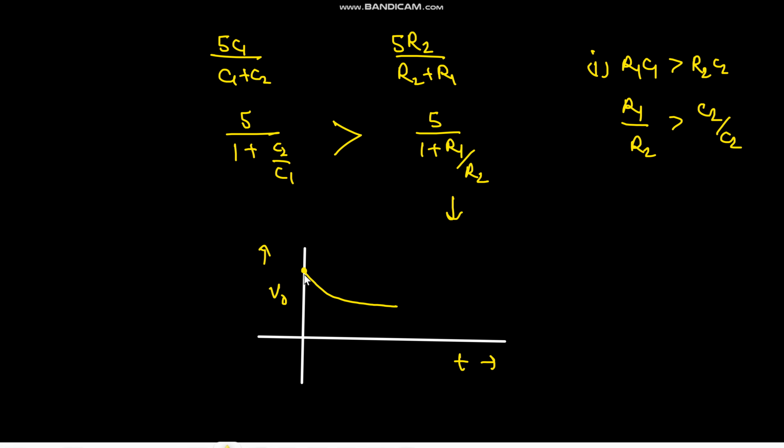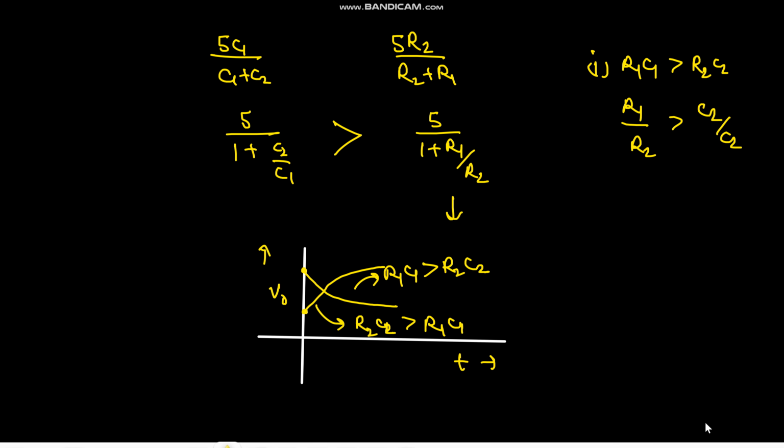Okay, I'm not writing the values here. So this is for R1C1 greater than R2C2. How would the waveform look for R1C1 lesser than R2C2? It would look something like this, right? So this would be for R2C2 greater than R1C1.